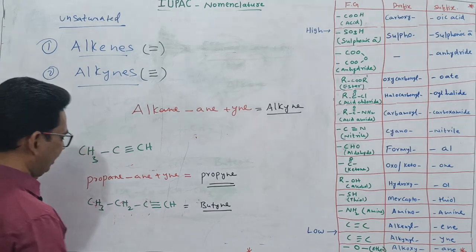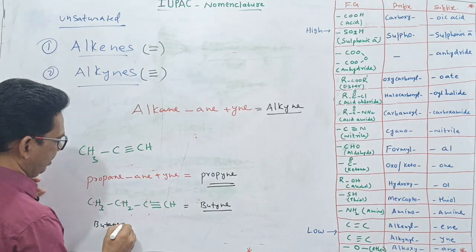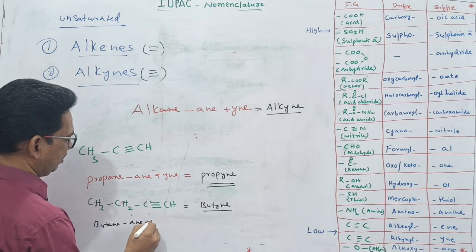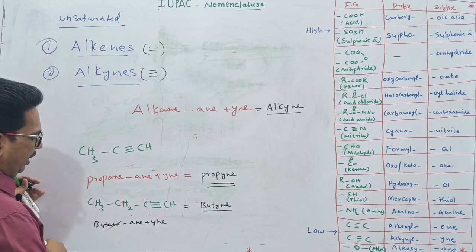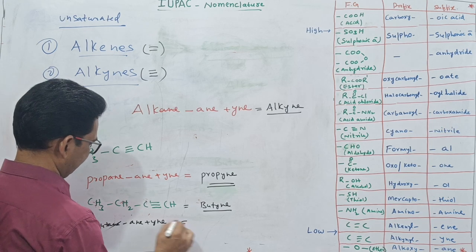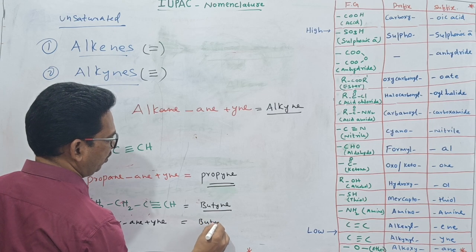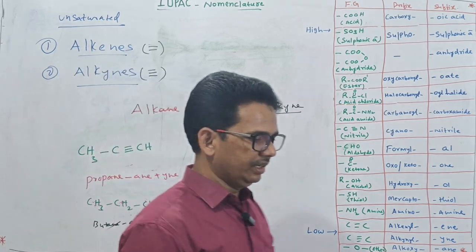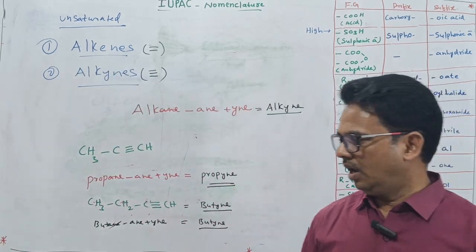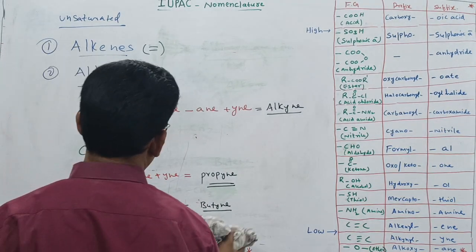Why is it butane? Butane, minus ane plus yne. Here we are removing the ane, then just adding the yne. Then it becomes butyne. Like this we have to write the name for all the unsaturated compounds.